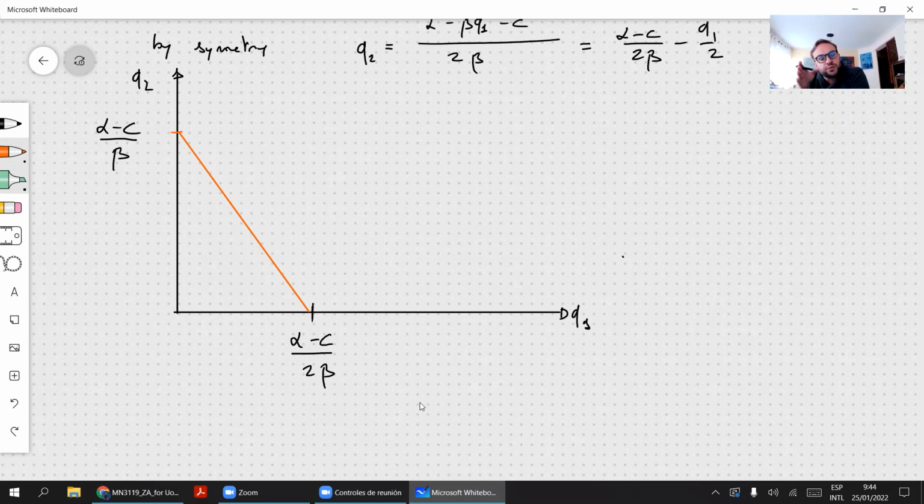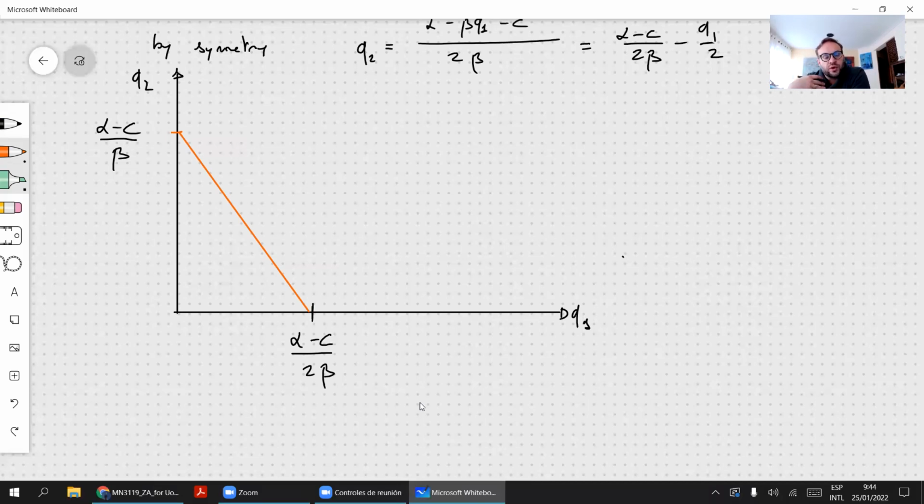I need a best response, which means that I need a correspondence for each value of the strategic variable of the other firm. That is, for whatever the other firm is doing, I need to have an appropriate response. So if firm 2 is doing whatever between 0 and alpha minus c over beta, if it's doing 0, I'm going to choose this quantity exactly.